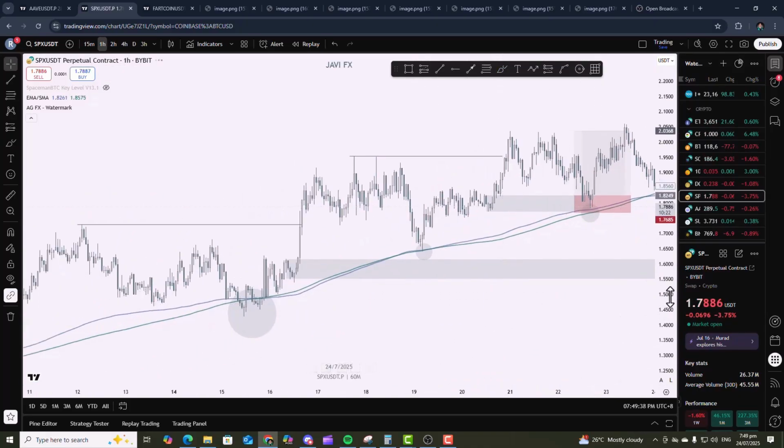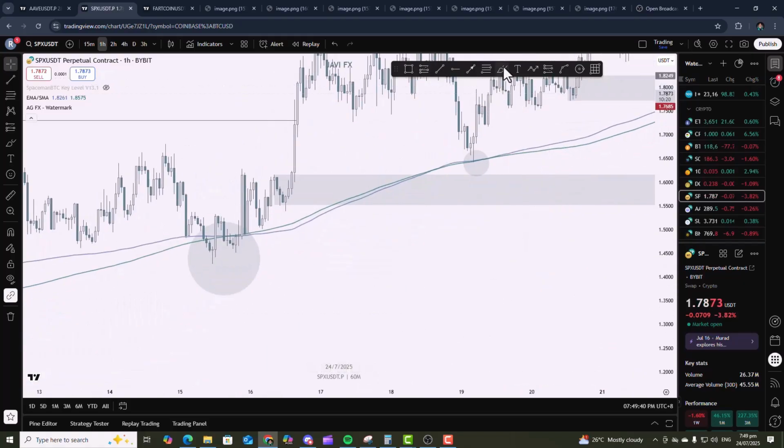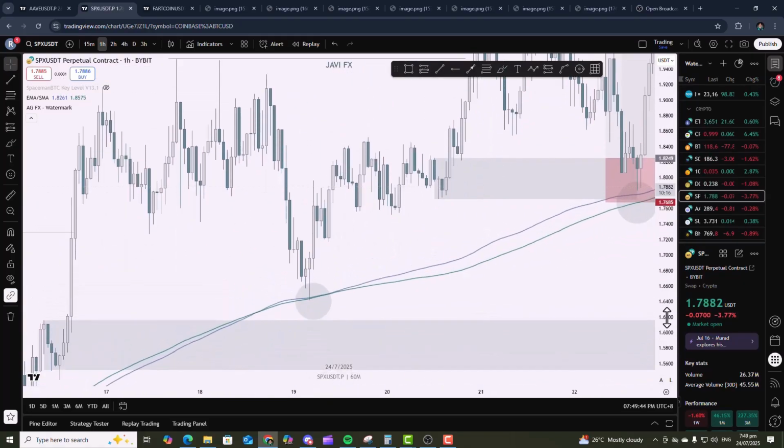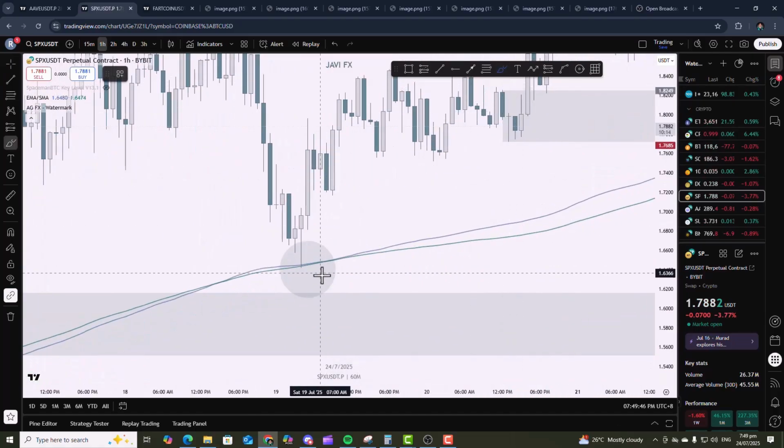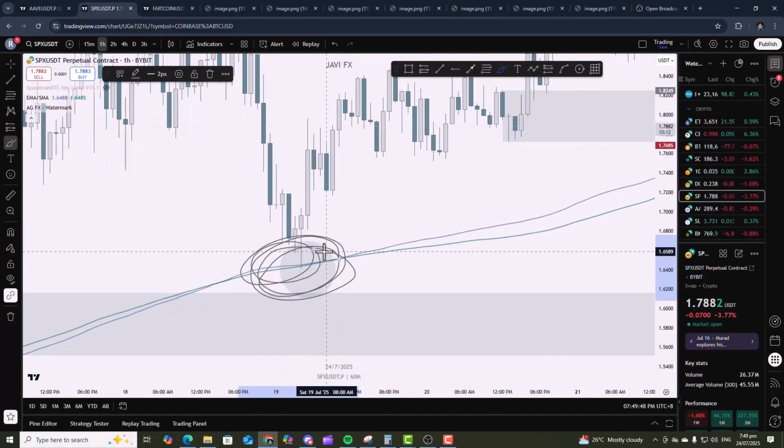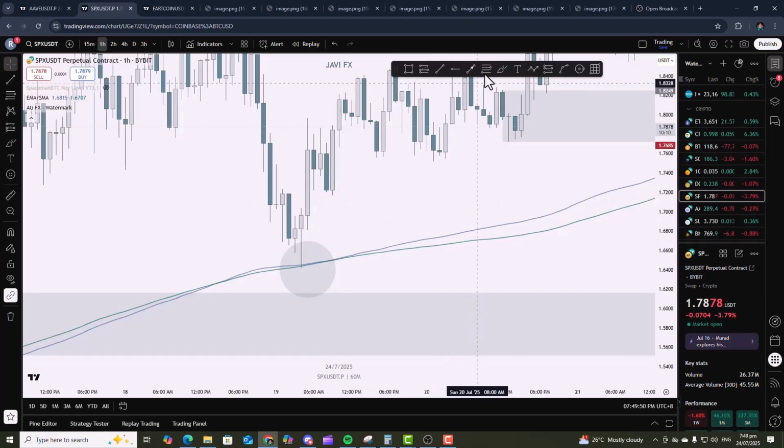That's exactly it. So, touch, touch, touch. Next, we get that tap exactly right at the tick. So this alone tells me SPX wants to follow the 1 hour demand, 1 hour moving average. So let's use it.